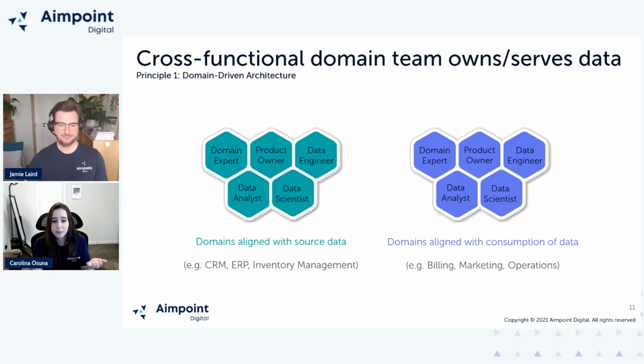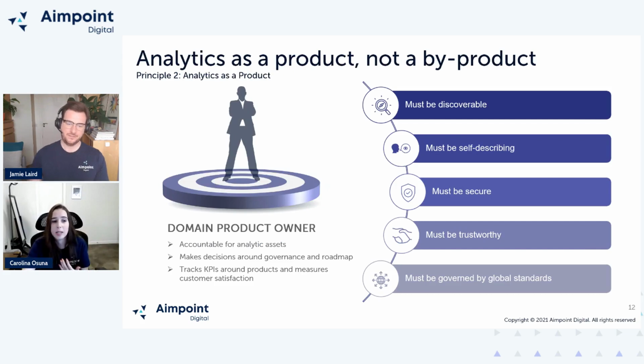But moving on, coming back to this concept of analytics as a product, what we mean by that is that instead of treating analytics as a byproduct of the data that you're producing, you should really think of it as a product or a service that you are providing to your customers across the whole organization. And so, what makes an analytic asset truly a product?